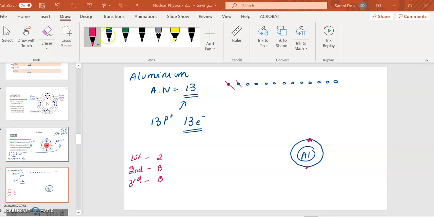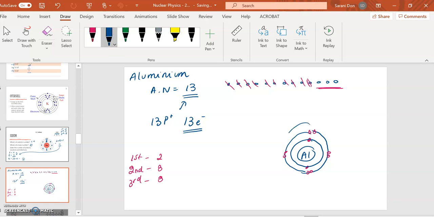That's it. So we need to have a second shell. The second shell can hold up to 8. So 1, 2, 3, 4, 5, 6, 7, 8. Let's see if we're done. We still have 3 more to fill.